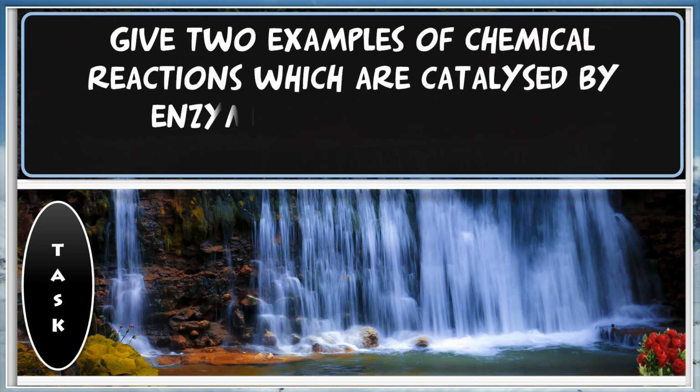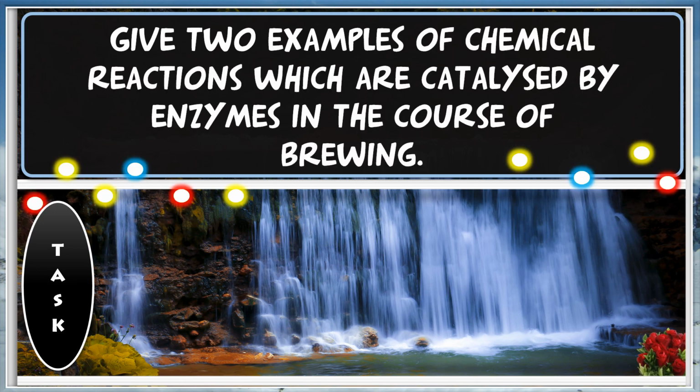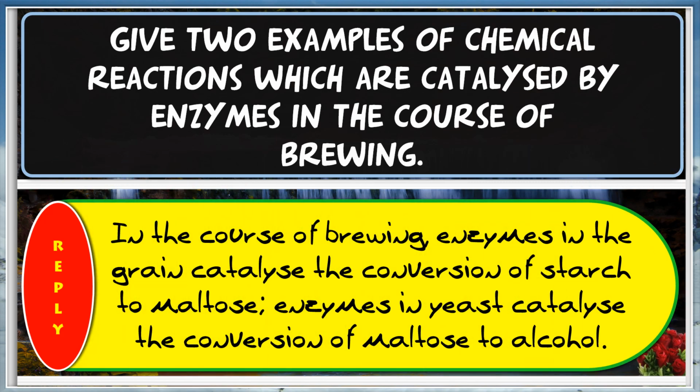Give 2 examples of chemical reactions which are catalyzed by enzymes in the course of brewing. In the course of brewing, enzymes in the grain catalyze the conversion of starch to maltose, and enzymes in yeast catalyze the conversion of maltose to alcohol.